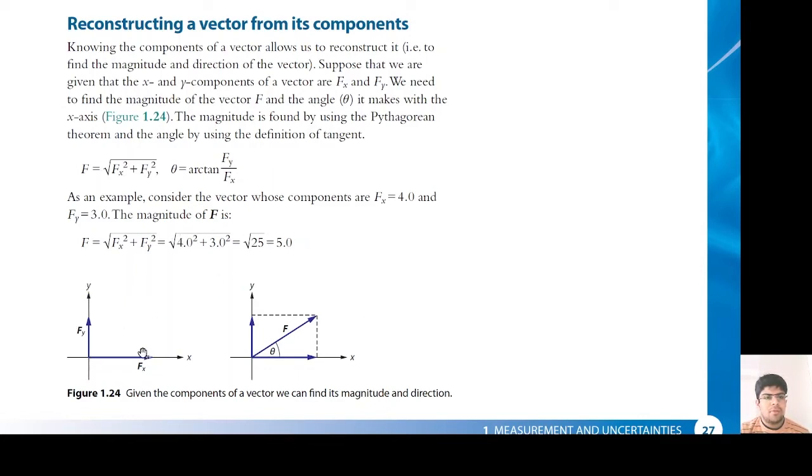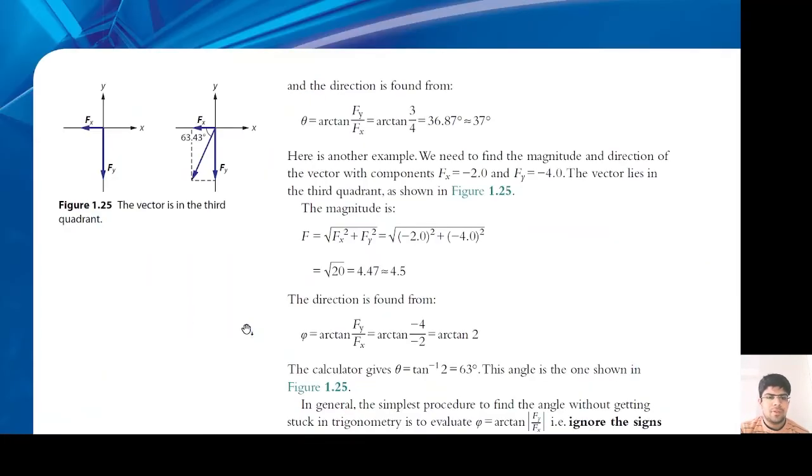You can look at this figure: this is the F component on the y-axis, Fy, and this on the x-axis is Fx, and here we have theta. This is the F vector, maybe the F force.